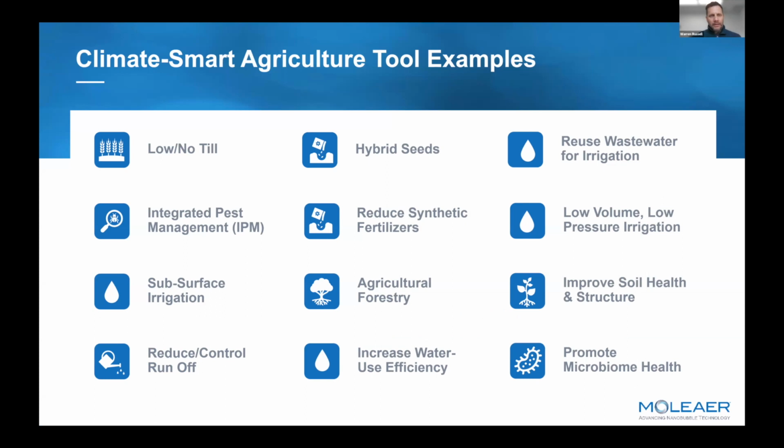So again, relevant to the general overarching climate smart agricultural tools, we're focused on how nanobubbles can look at these different aspects of farming practices more in a synergistic way, not so much as a replacement, but a way that you look at these core tenets of climate smart agriculture, which is obviously with a vision towards a more sustainable practice for the future, and looking at how nanobubbles integrate into each one of these different aspects that are supportive of this philosophy.